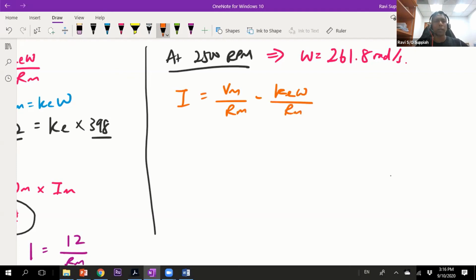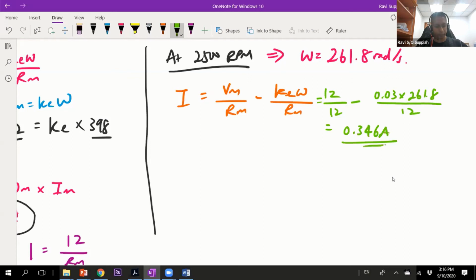Putting in the numbers, you get 12 over 12 minus 0.03 times 261.8 over 12. You'll get 0.346 ampere here. So that is the current that will flow into the motor at 2500 RPM.